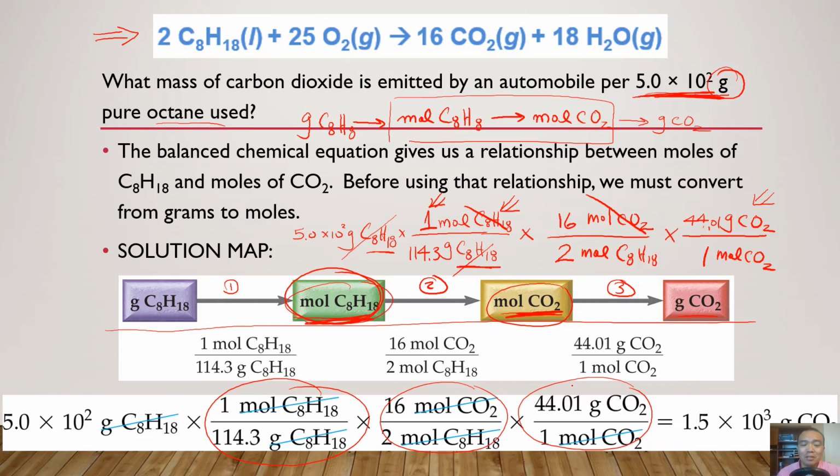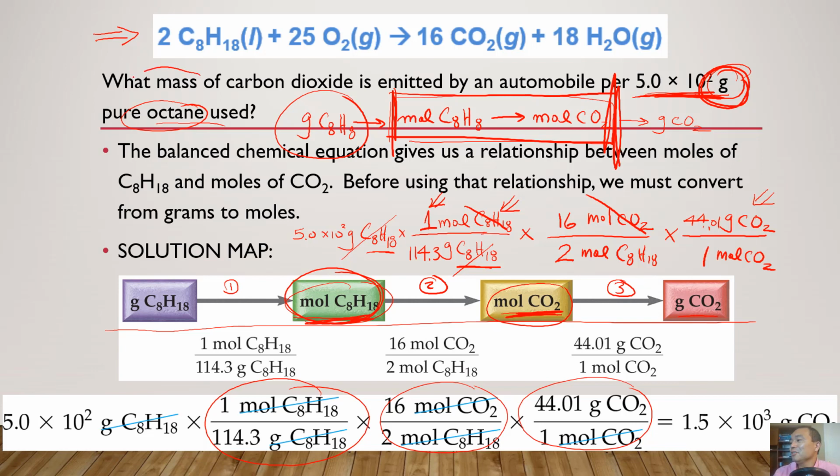To summarize, the most important thing is first, you should be able to write down the core relationship, which is the molar relationship. Then, according to what information is given, in this case grams is given on the left side for octane, so on the left side you extend it to grams. Then you decide, do I stop here or do I further extend it?